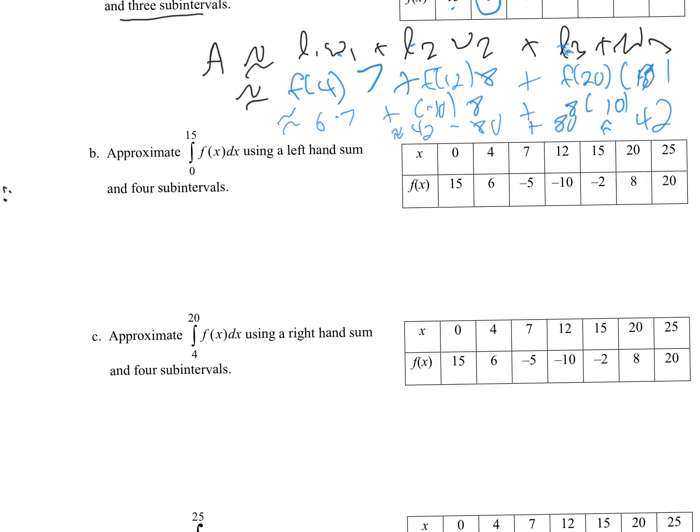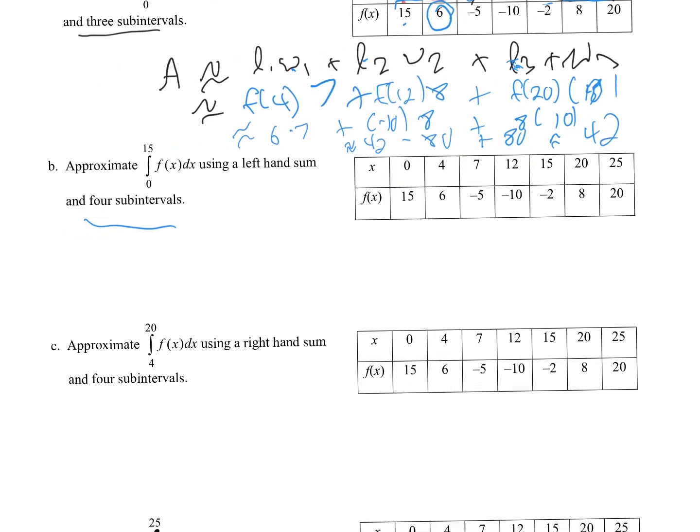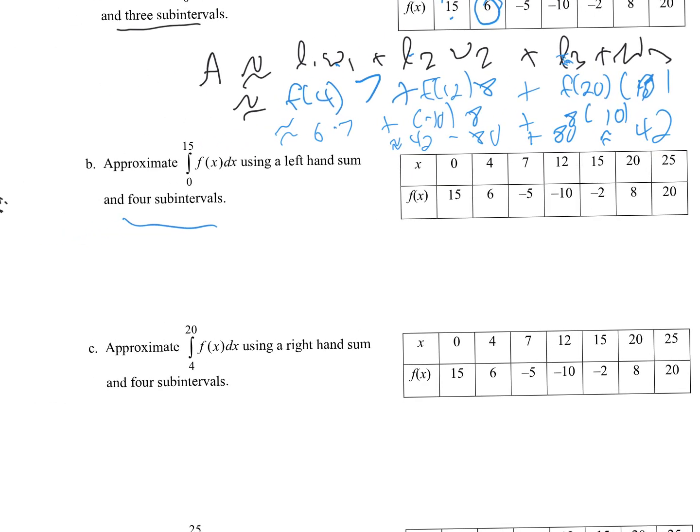Now, let's do it again. B. Left-handed Riemann sums with 4. How am I going to get 4? This time, look up here, I'm going only from 0 to 15. That's called the indefinite integral. I know I'm starting at 0 and I'm going to 15.